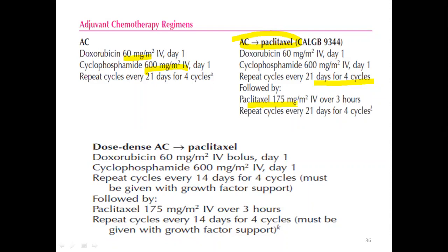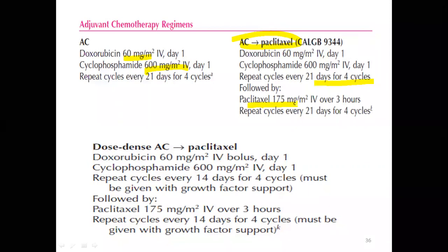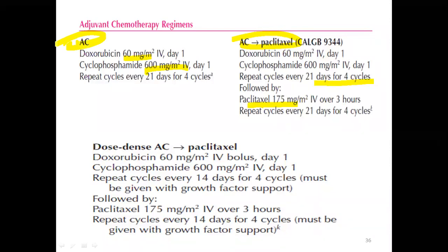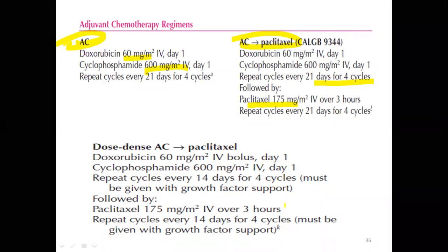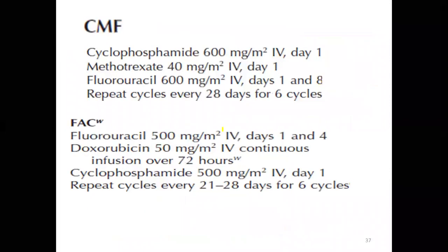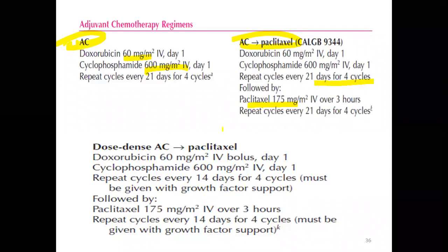We call this AC followed by taxane. In most settings, unless there is a contraindication, AC or AC followed by paclitaxel are the most common regimens. Then we do have a variety of other regimens. You can go through them when you get time, but those are the most common.